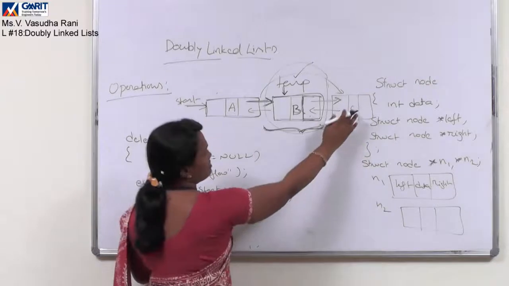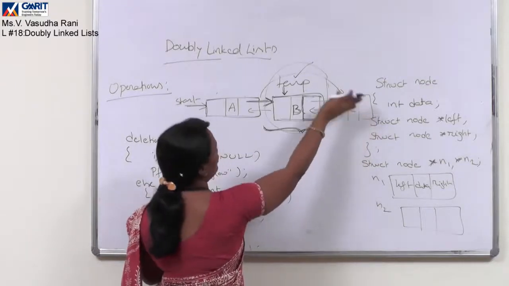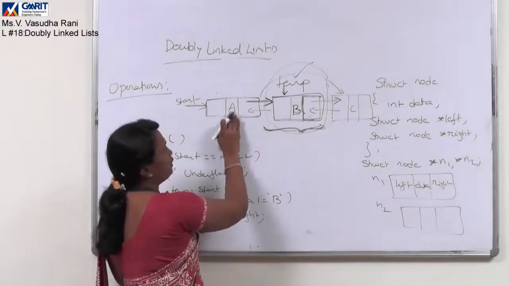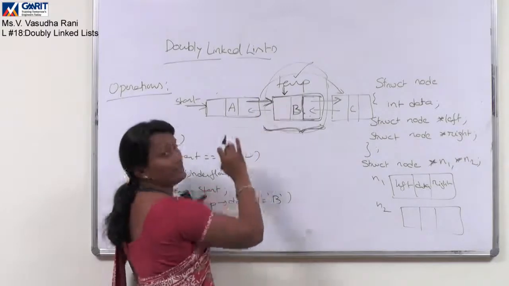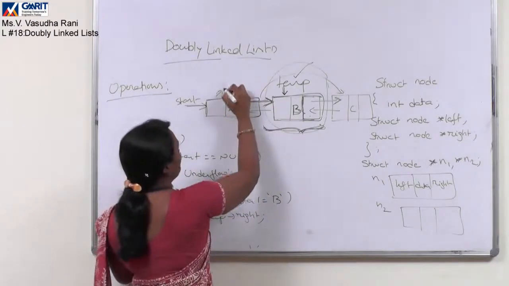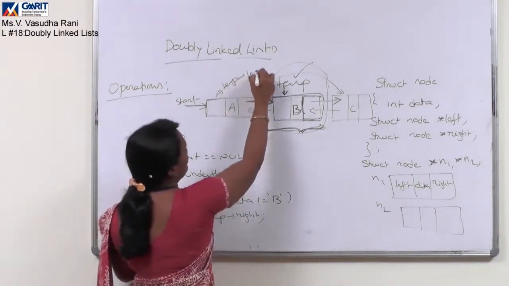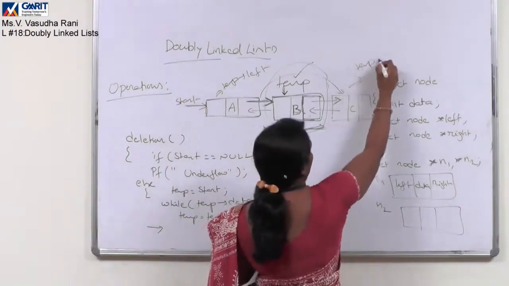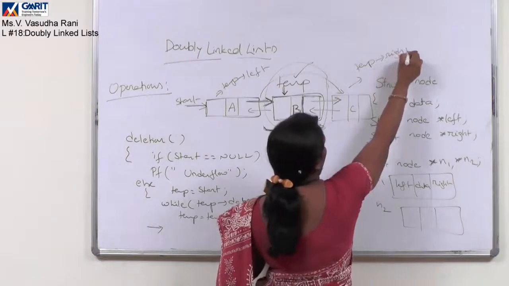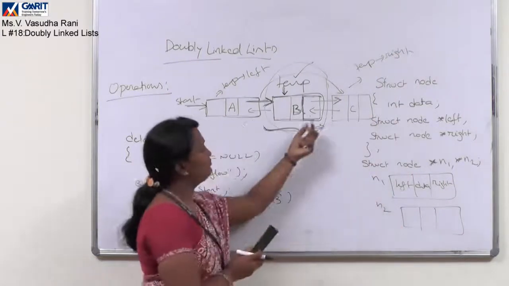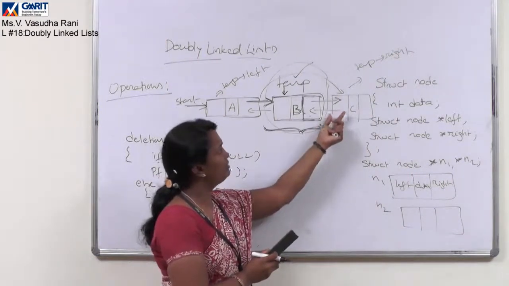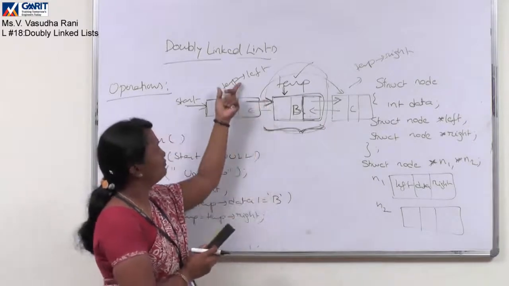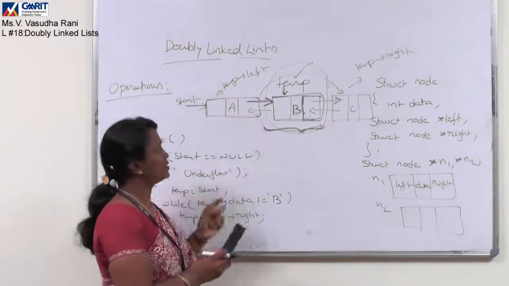It is the address of this node that we have to put into the right pointer of temp's left. This node can be referred to with temp's left and this node is referred to with temp's right. Now temp's right address we have to store to temp's left address location.